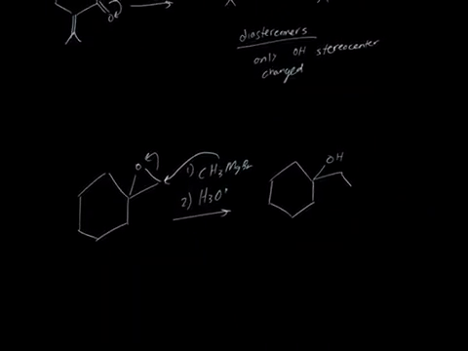So I'm going to draw the exact same thing, but I'm going to now introduce an acid to it instead. And that's going to change the entire course of our reaction. So if I added some nice little HCl into this, the oxygen collecting a proton is going to be your very first step. And now we have to ask ourselves, where is the oxygen going to want to go?